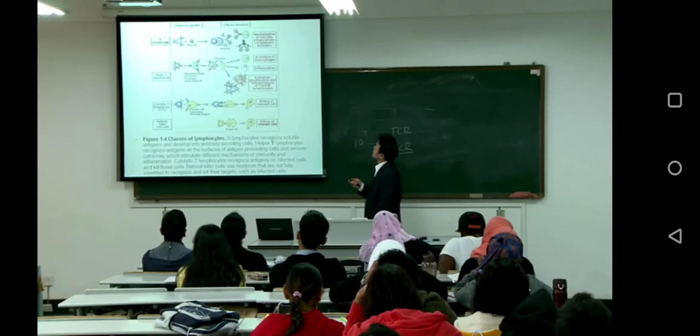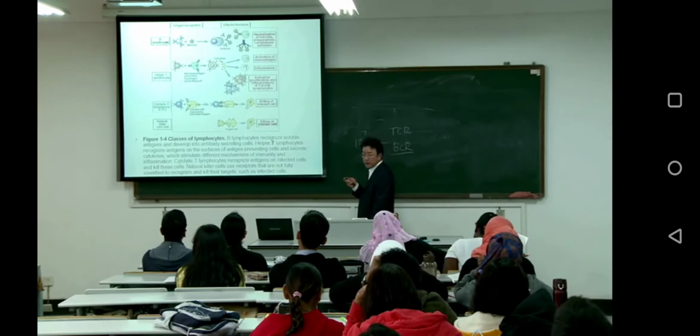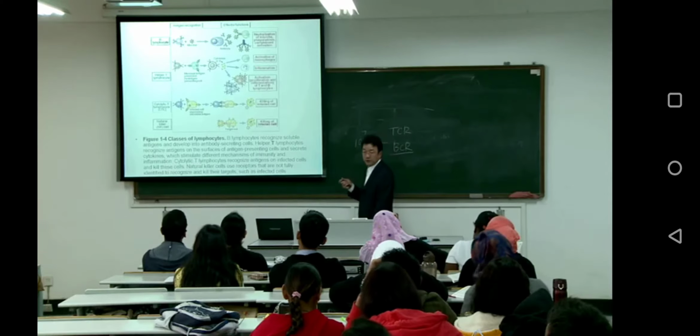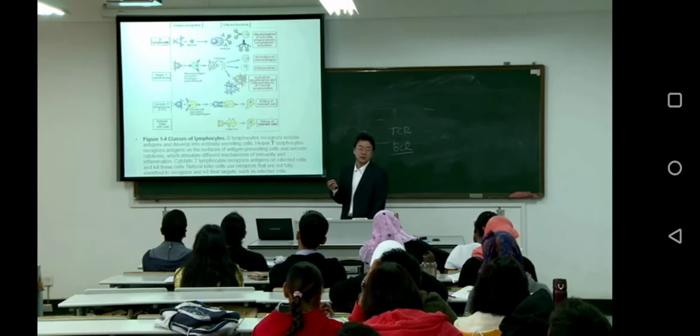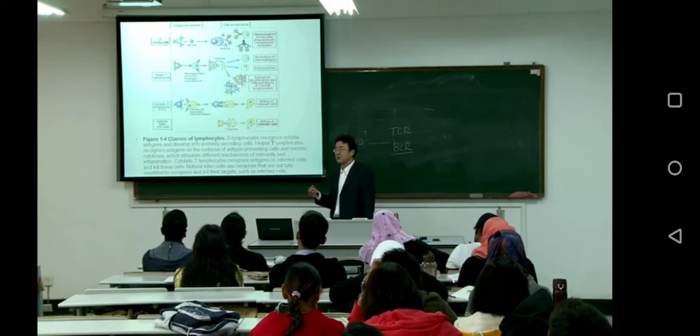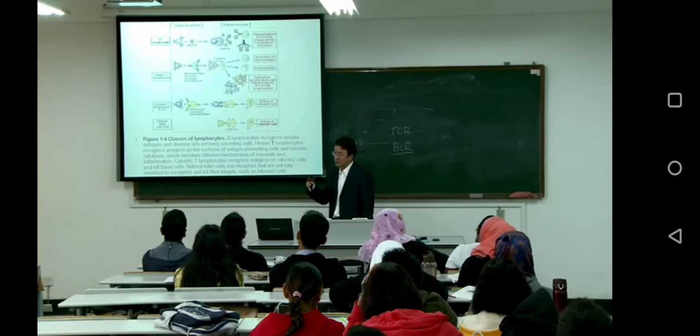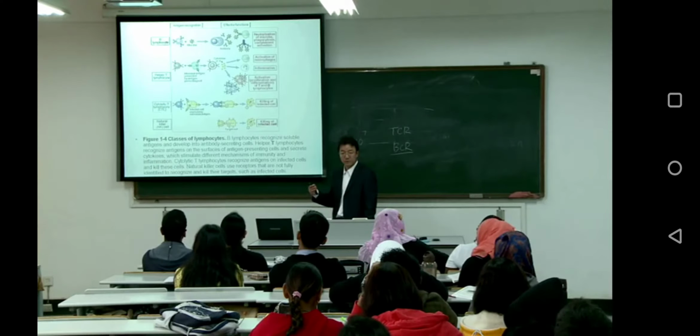And also, activated T lymphocyte produces some cytokines related to inflammation, like interleukin 1, interleukin 6, interleukin 8, and also produces interleukin 10. Interleukin 10 inhibits inflammation.